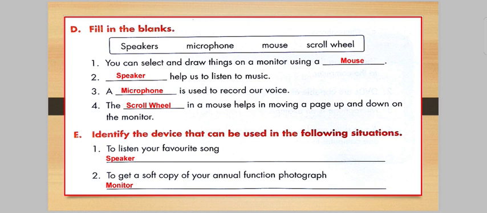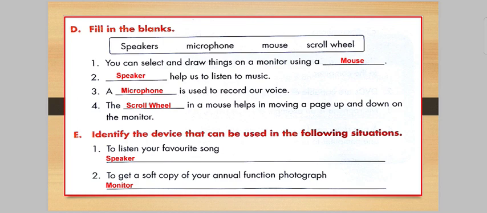Next is identify the device that can be used for the following situations. To listen to your favorite songs, we can use the speaker. Next is to get a soft copy of your annual function photograph. Okay, we use the monitor.